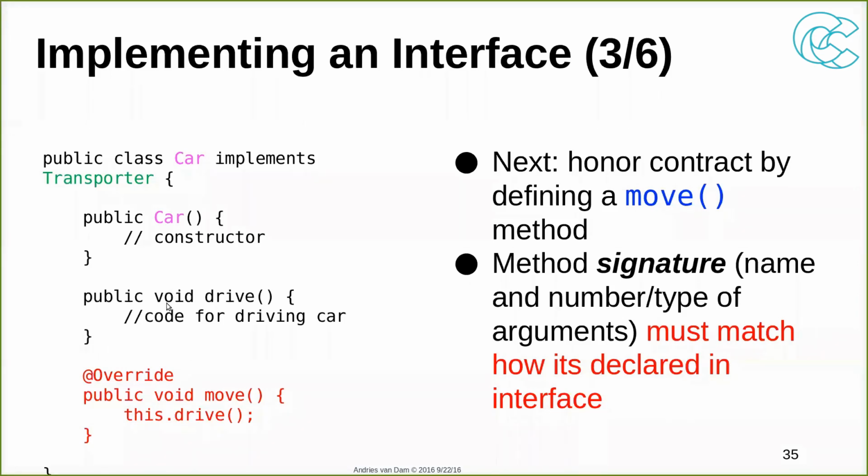No. If you don't use override, it's still okay, but it's good practice to use override. That's it. You are explicitly stating that preference needs to be given to the method that is defined here, rather than the one that is present in the transporter.